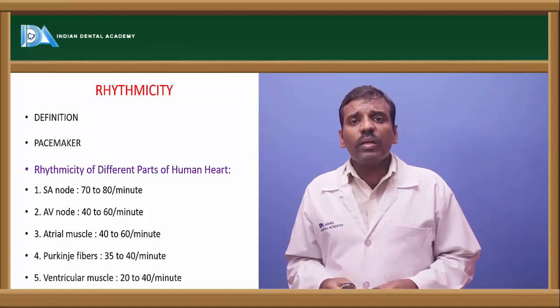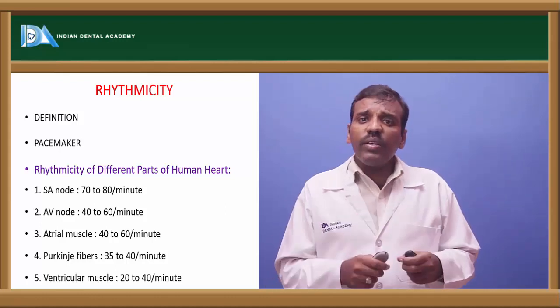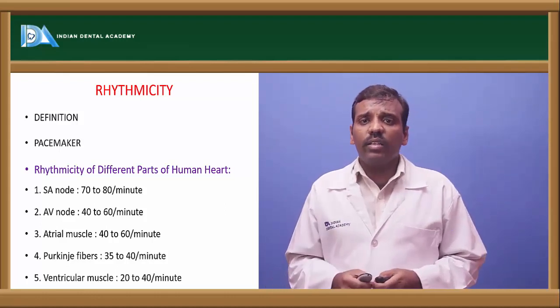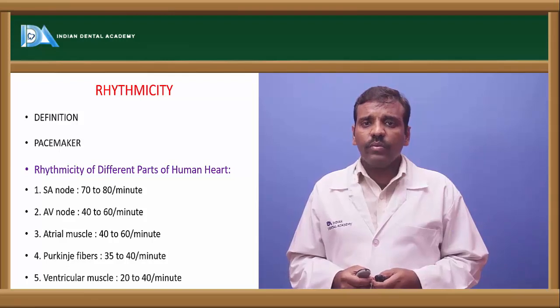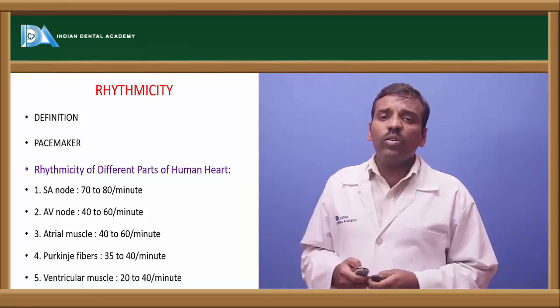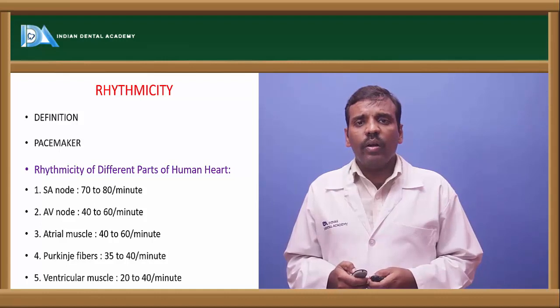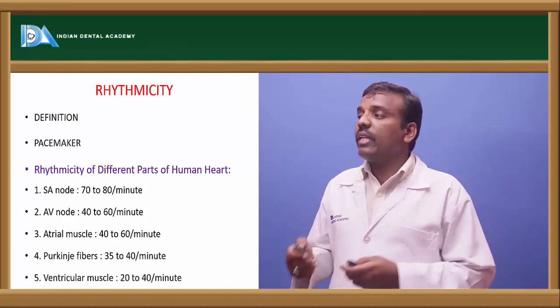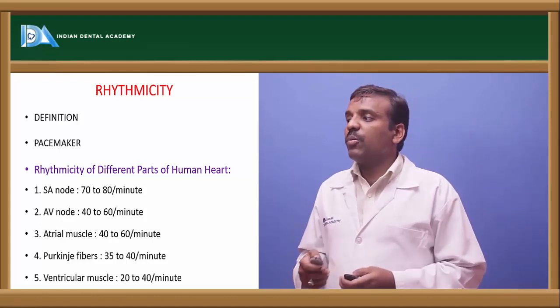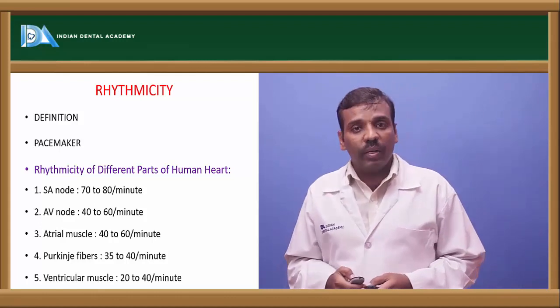And the AV node is present in between the atrium and the ventricle. That's why it is called the atrioventricular node. Okay, if the atrioventricular node is the pacemaker, when the SA node is not working, then the heartbeat is about 40 to 60 beats per minute.